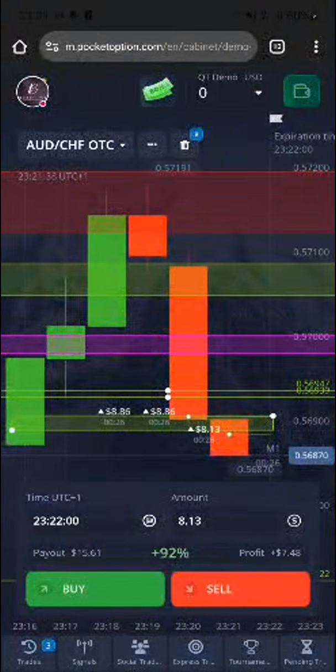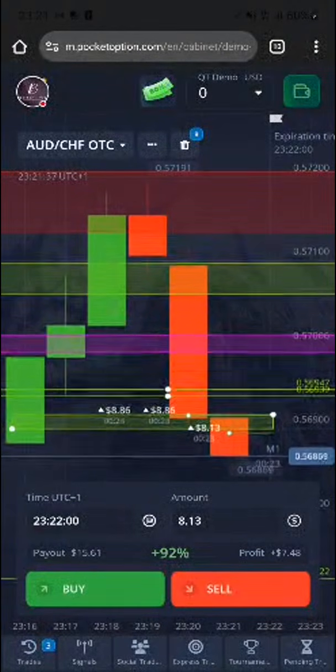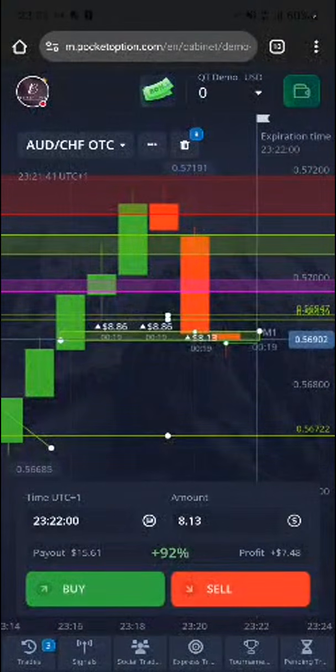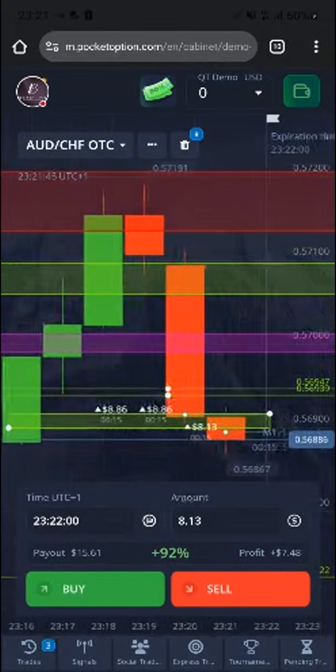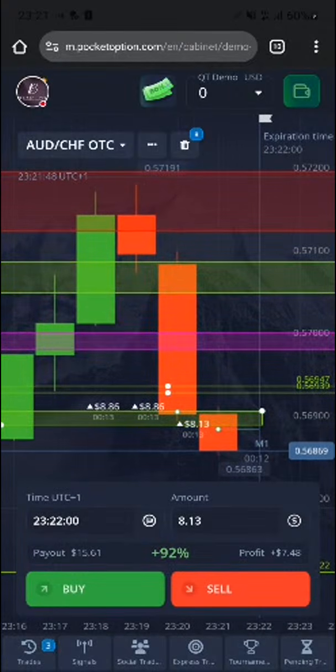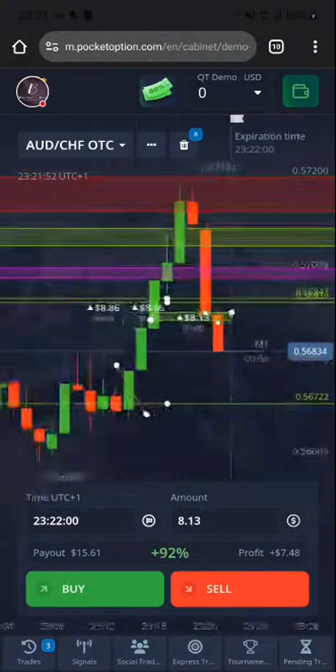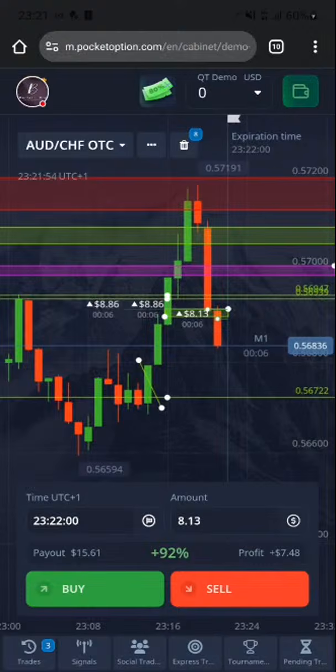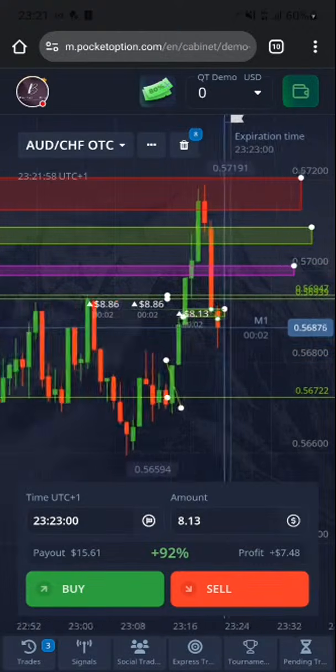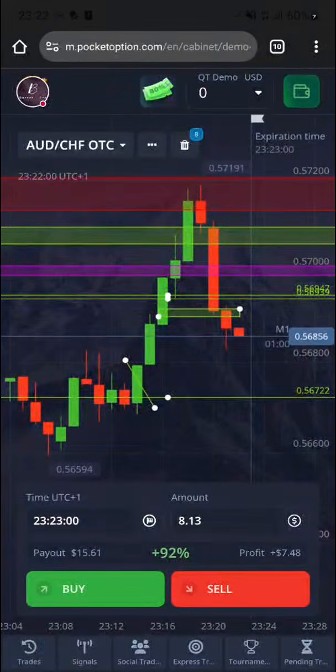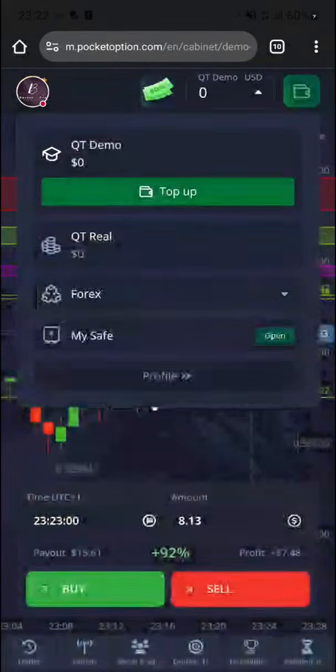We have an evening star pattern here. That's one, so that can give us a retracement. But inside this area we have a decision point. I'm expecting at least a small green candle. Let's see if the buyers come in. I was expecting the buyers to come in here. Okay, the sellers came in, but no problem. We'll start all over again.